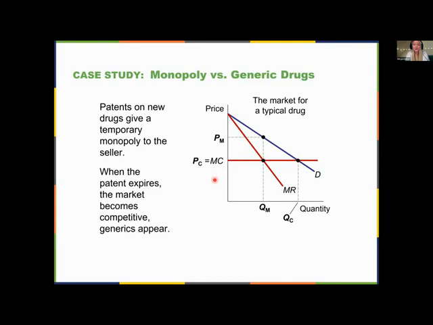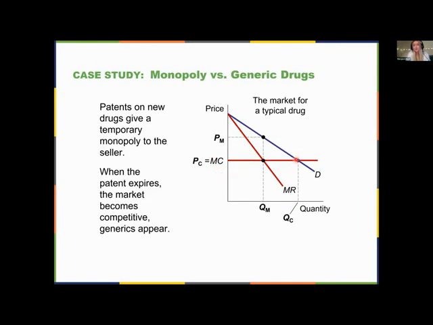So we see that moving from monopoly to perfect competition not only raises the number of corona vaccines available for people to consume, it also lowers the price.